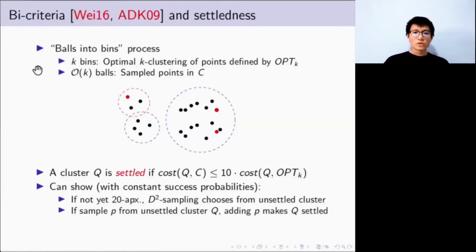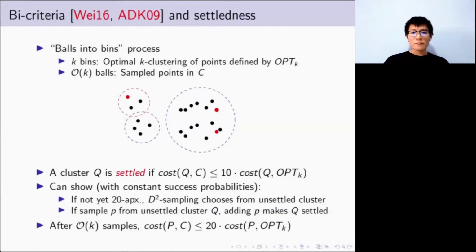So if you do this O of k times, then the k-means cost using these O(k) points will be at most a constant factor of the optimum cost using k points. So this is called bicriteria approximation because we're using more points than what the optimum algorithm is allowed to use. Note that the values 10 and 20 are simply constants that we use to simplify this discussion. And in our refined analysis, we will actually generalize the notion of settledness to something called beta settled, where 10 is replaced by some parameter beta.